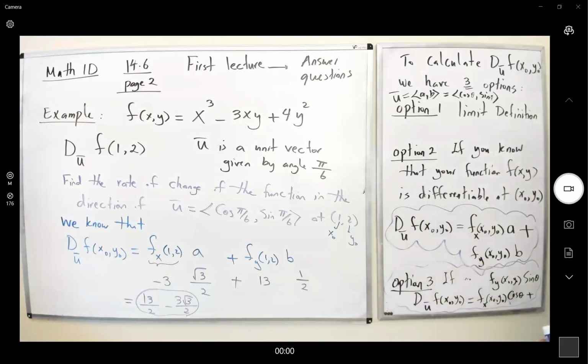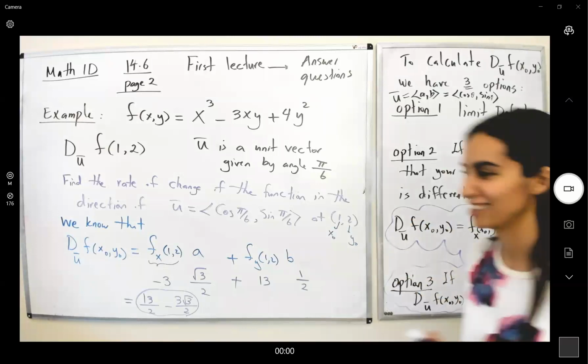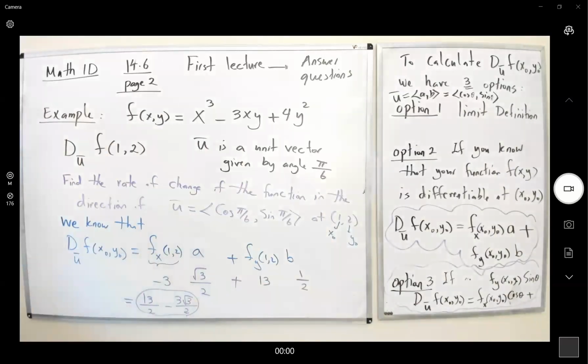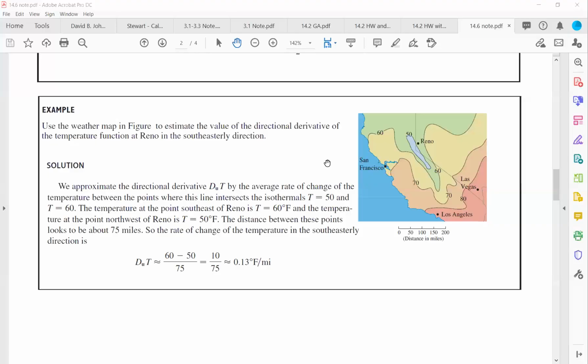In both cases, you have to make sure your function is actually a differentiable function. Let me just project this for you here on the note. So in this question, it says, use the weather map in the figure on the left-hand side to estimate the value of the directional derivative of the temperature function. So suppose you have a temperature function T at Reno.